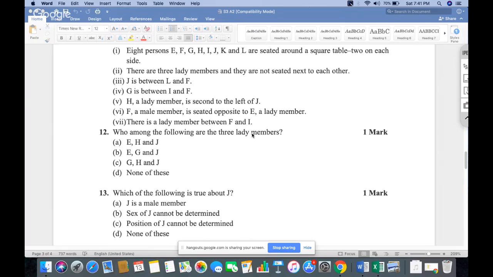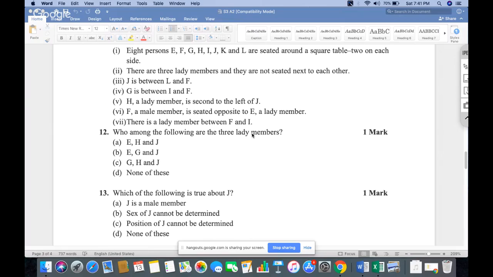13A. Okay, let me solve this question for you.